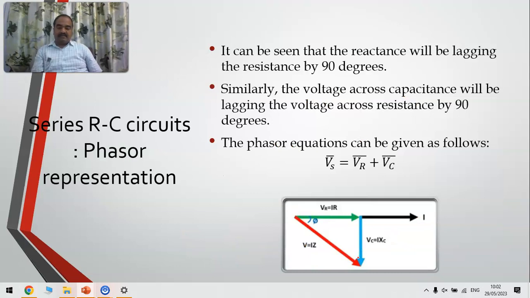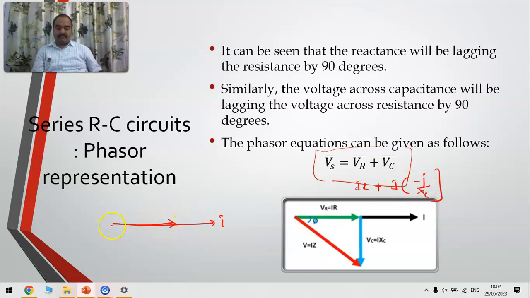Now, this is the phasor representation, right? See, this is my representation. So what is VR? VR is nothing but I into R, whereas VC is I into minus j by XC, right? So if I take current as a phasor, this is the IR voltage, in the same direction, whereas here it is minus j, which is nothing but minus 90.